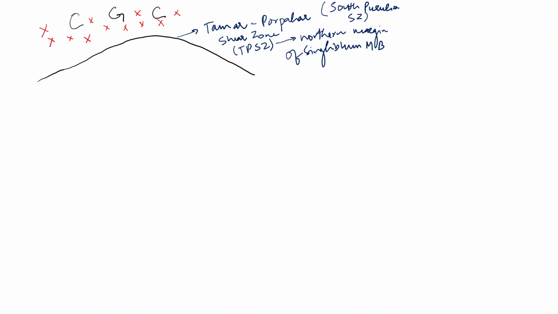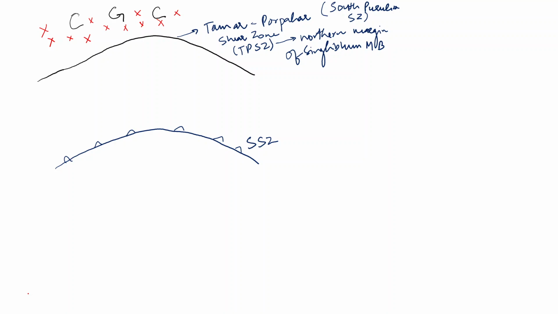Now, the northern tectonic boundary of the Singhbhum Craton is the Singhbhum Shear Zone, as previously mentioned. In between these two, importantly, the Singhbhum Shear Zone, which is also known as the Copper Belt Thrust, is the southern margin of the Singhbhum Mobile Belt.